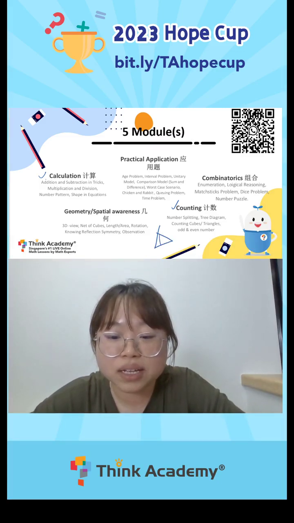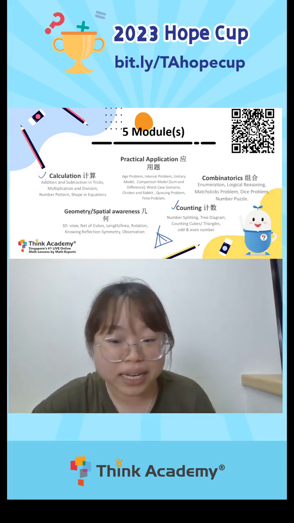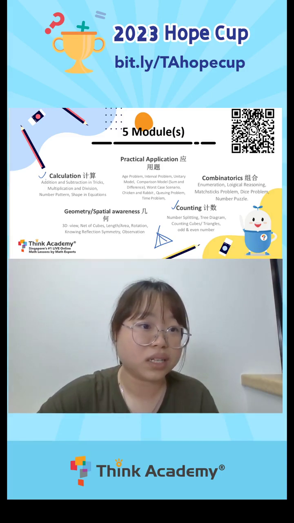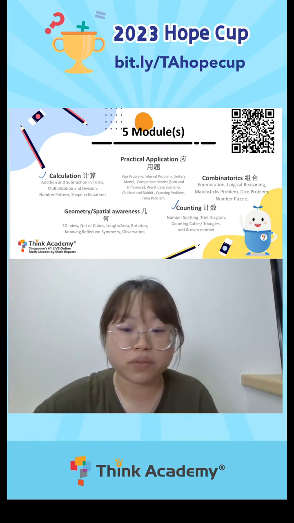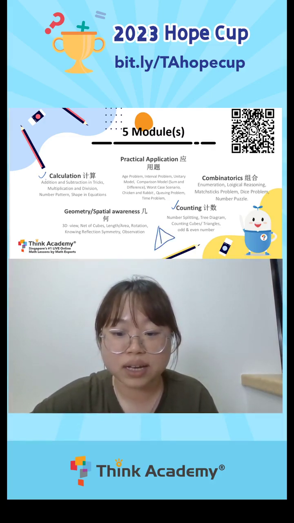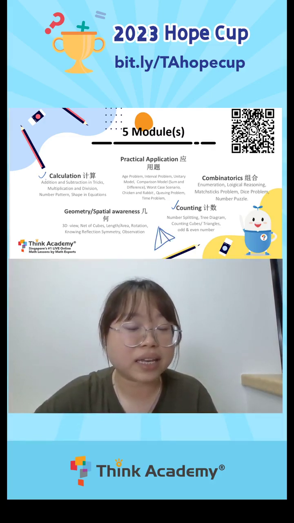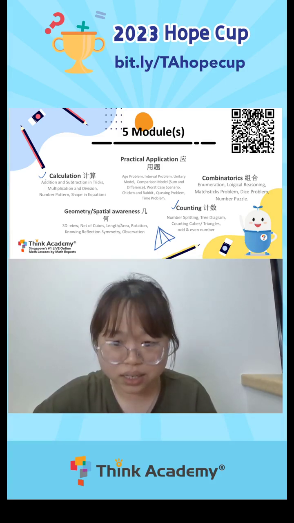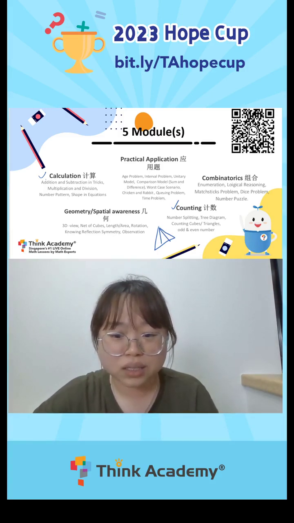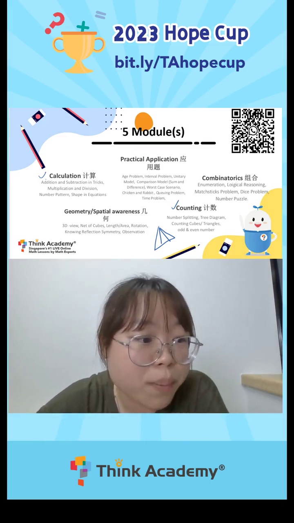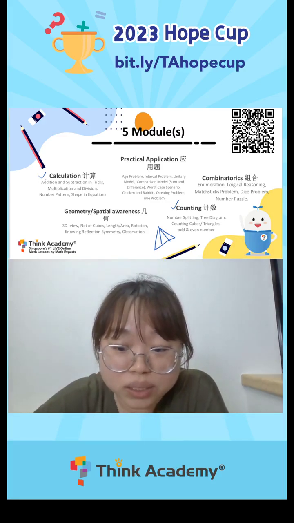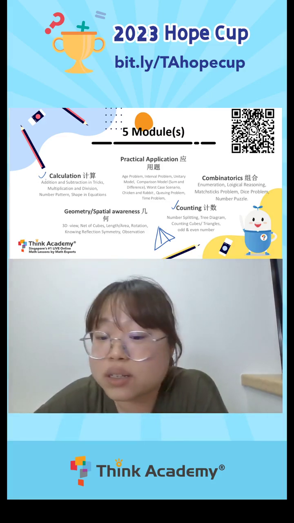For example, they ask you, how many triangles are there in this figure? Have you seen this kind of question before, parents? This question is a common one, right? How many triangles are there in this figure? So we have a fast method and slow method. Within 1 second, I can tell you the answer is 6.